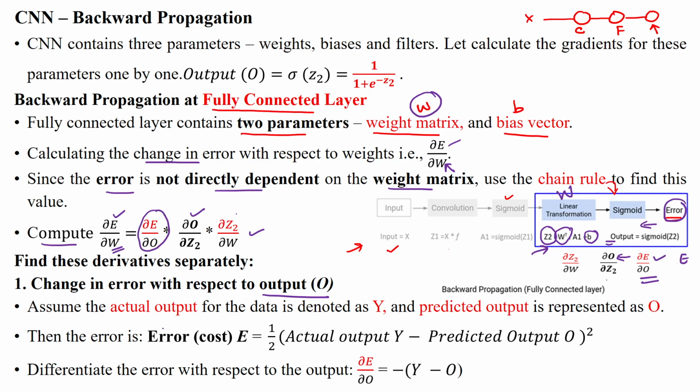When you are taking this term first, here I am using the loss function, the least square error function: 1 by 2 into actual output minus predicted output whole square.